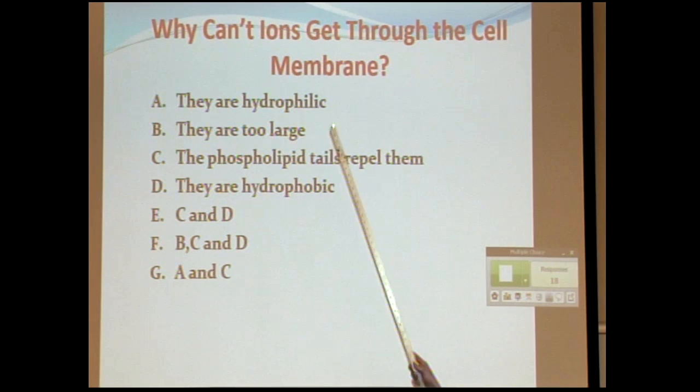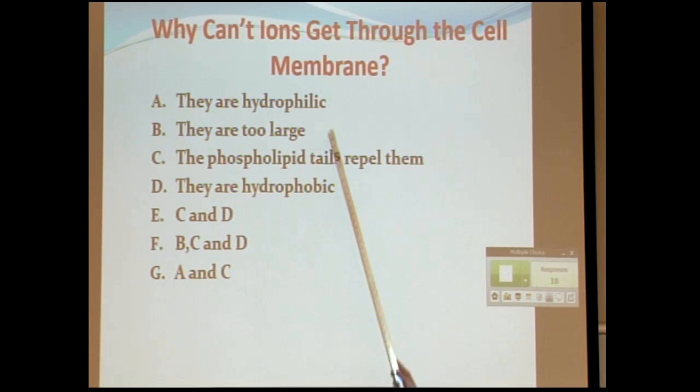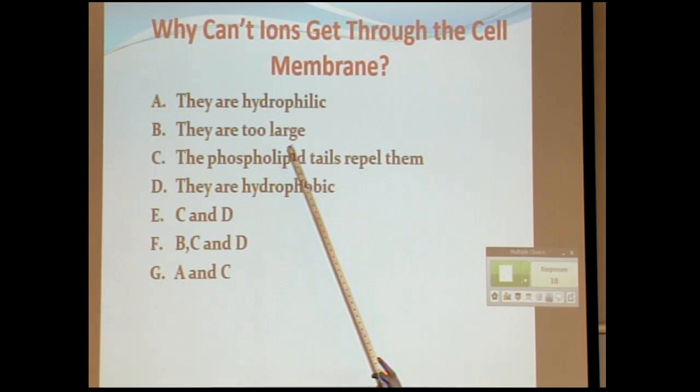So basically they're hydrophilic, so because they're hydrophilic, those tails repel them. They stay attracted to the water outside. And this is the number one thing people always say, they're too big. They're the smallest thing. Ions are tiny, but they're charged, that's why they can't get through.